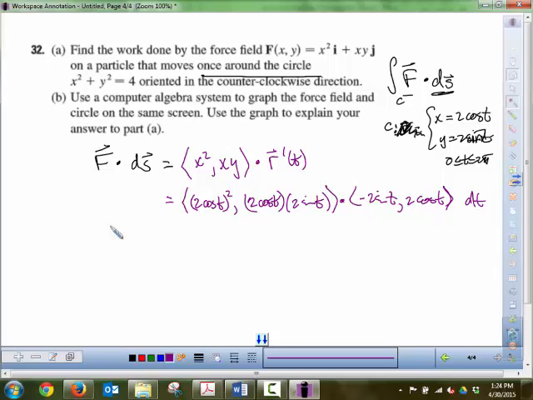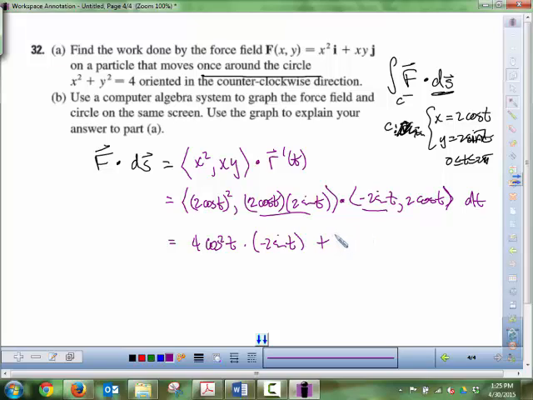Okay? So I take the dot product. I get, let's multiply this out. 4 cosine squared t times negative 2 sine t, plus, now I take my second term for the field, let's just call that 4 cosine t sine t times 2 cosine t dt.